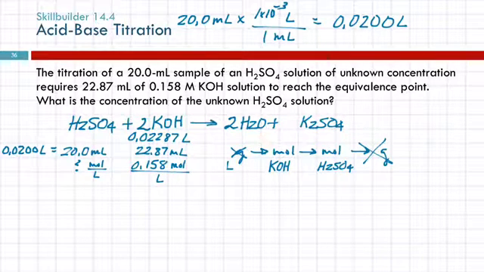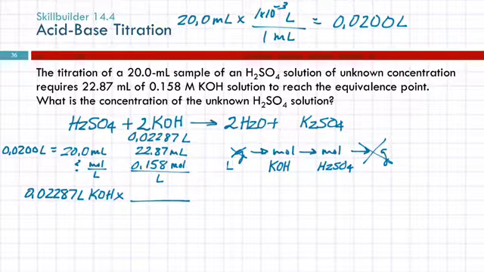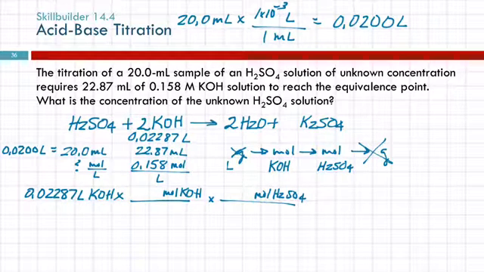So I'm going to start with my volume of KOH in liters, 0.02287 liters of KOH solution. And the unit on the next line is moles of KOH. And on the next line is moles of H2SO4. Dimensional analysis.